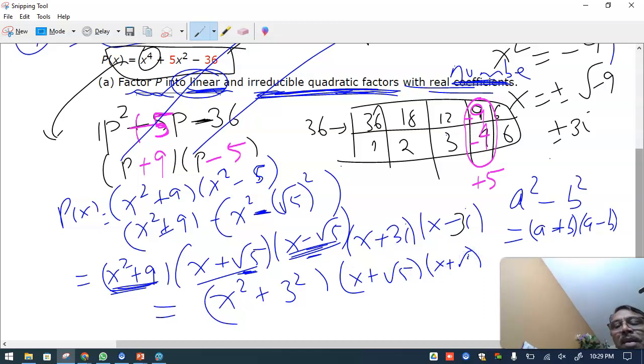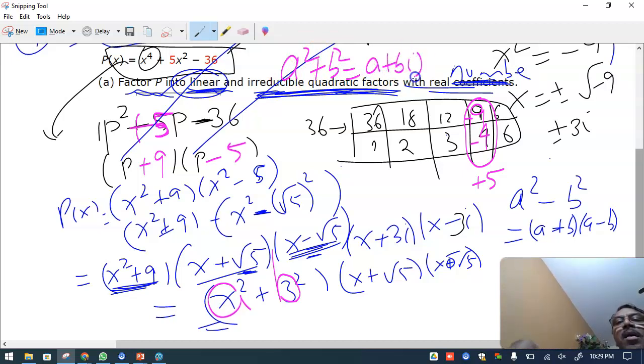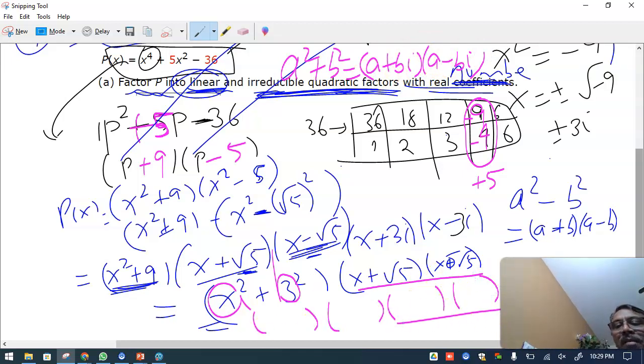This thing is of the form a squared plus b squared, and I just want to remind you, a squared plus b squared is a plus bi times a minus bi. So this remains the same. Only the first one will change: x plus 3i, and the other one will be x minus 3i, and you're done.